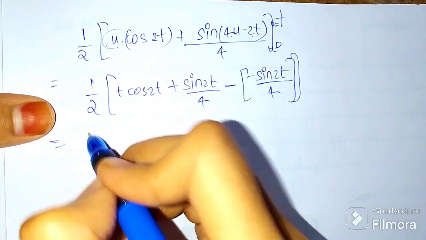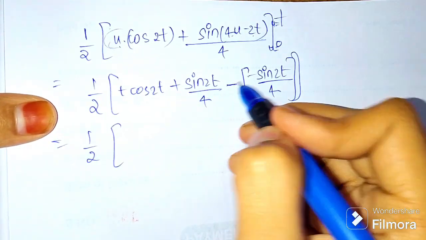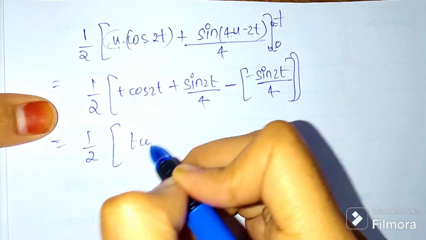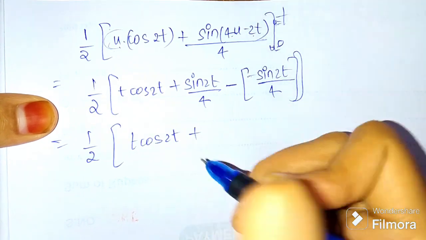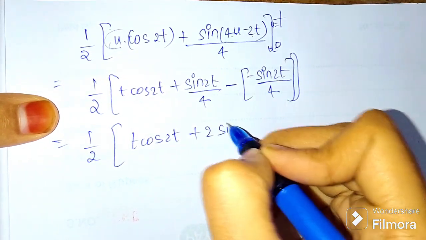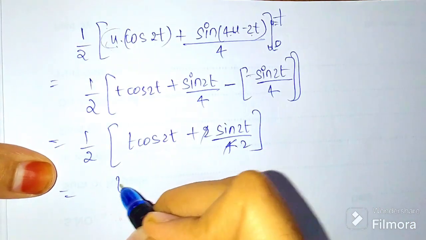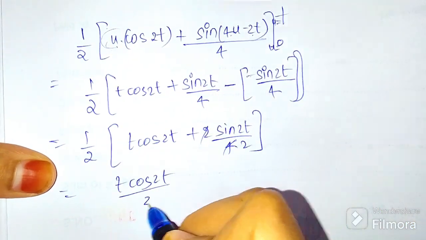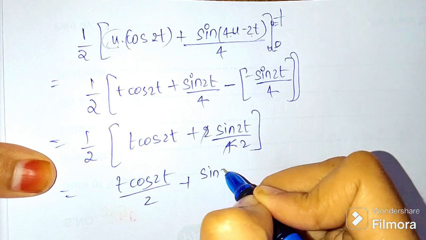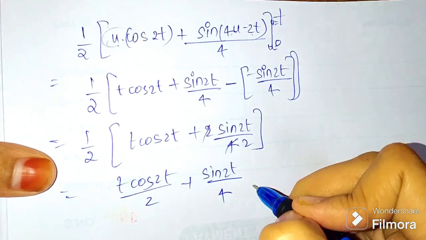So minus into minus is plus. So t cos 2t plus 2 sine 2t by 4, so my final answer is t cos 2t by 2 plus sine 2t by 4. Okay.